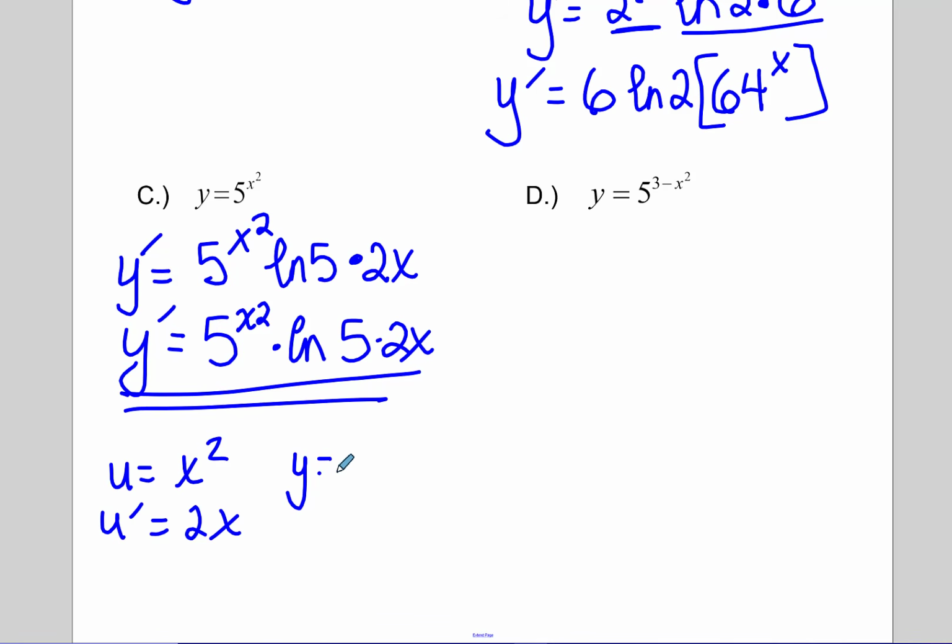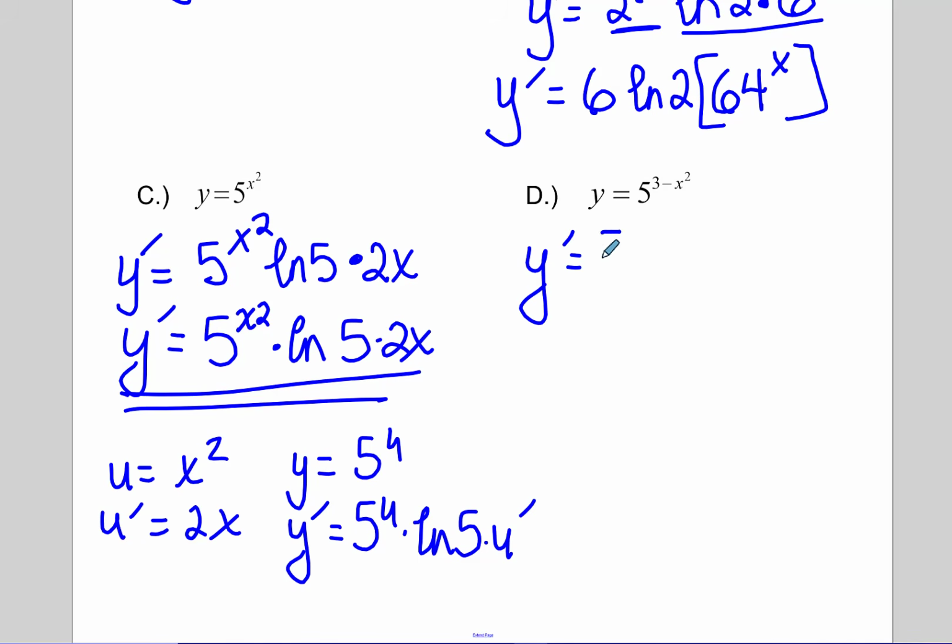And if you're looking at y equals 5 to the u, the rule said 5 to the u, ln 5, u prime, right? So 5 to the u, ln of the base, and u prime. This one, same thing as this over here.